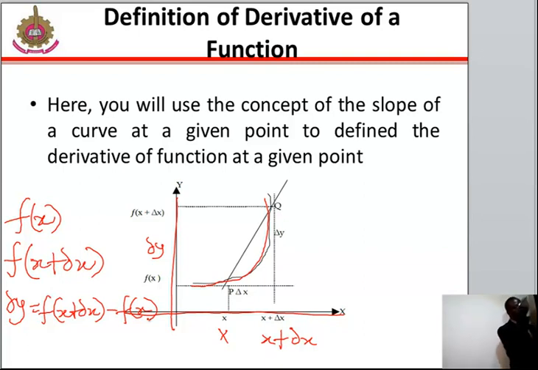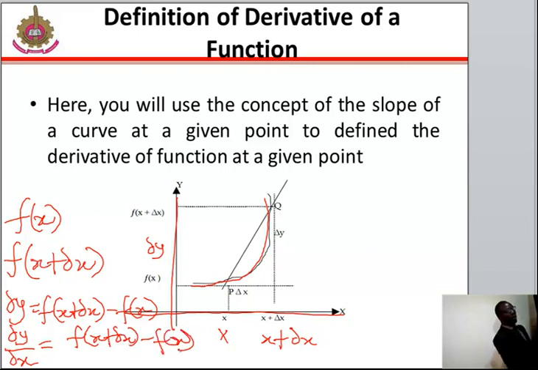Now, to have your dy over dx, all you have to do is divide both sides by what? By delta x. Now you have dy over dx equals f of x plus delta x minus f of x, all over delta x. That is how to do that.